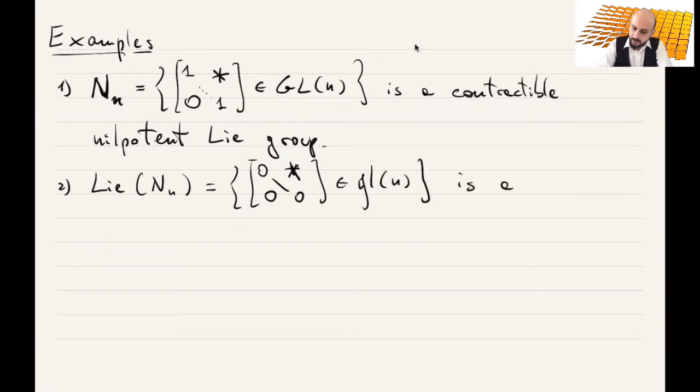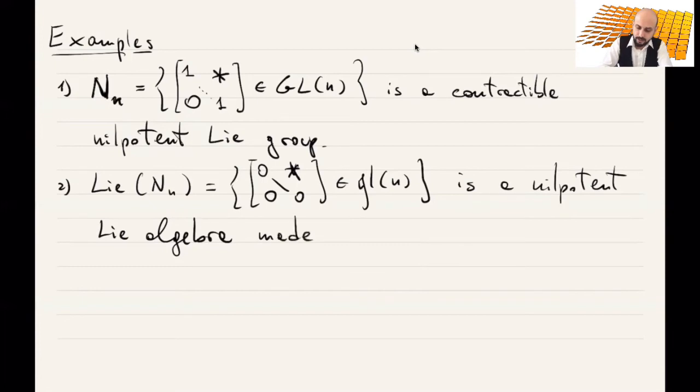This is a nilpotent Lie algebra. And moreover, each element of this Lie algebra is a nilpotent transformation. So this is a set made of nilpotent transformations.